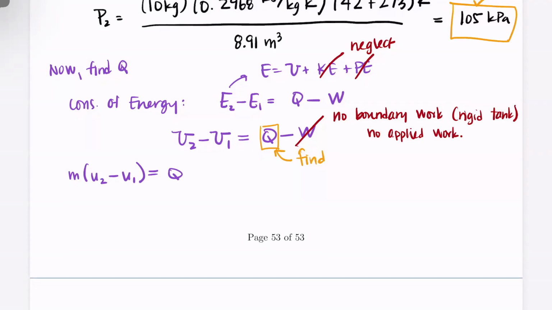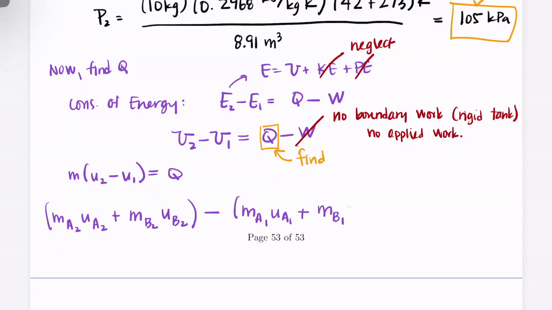And I'm going to also rewrite this as mass A at 2 times U at A2 plus MB2 UB2 minus mass of the tank A at state 1 times the internal energy at state 1 tank A plus mass of tank B at state 1 UB at state 1 is equal to Q. Right?